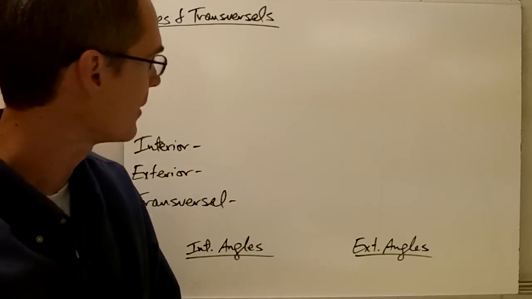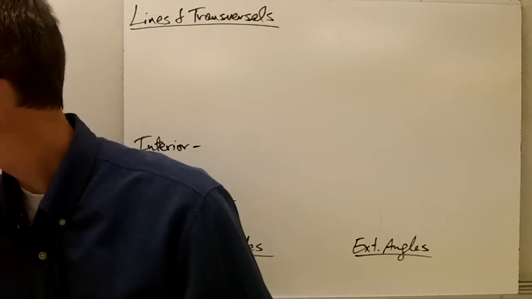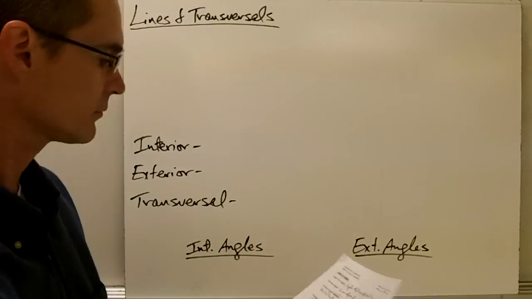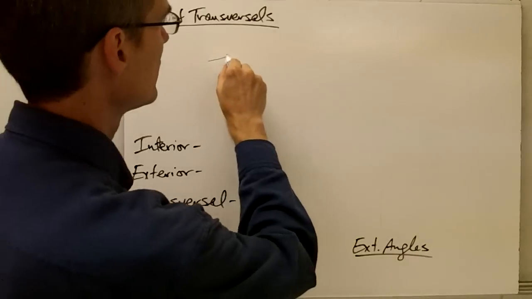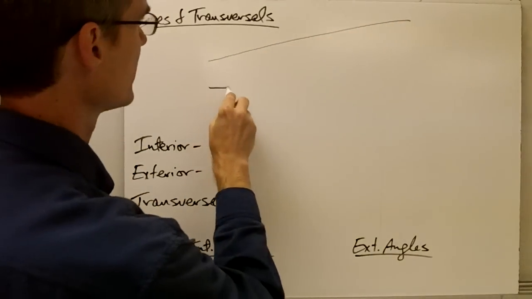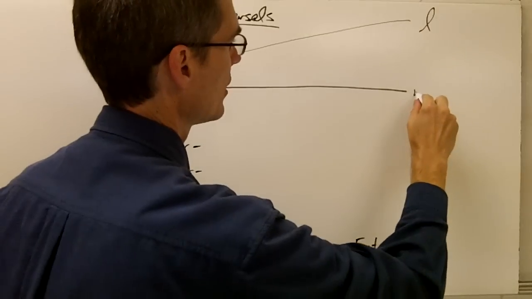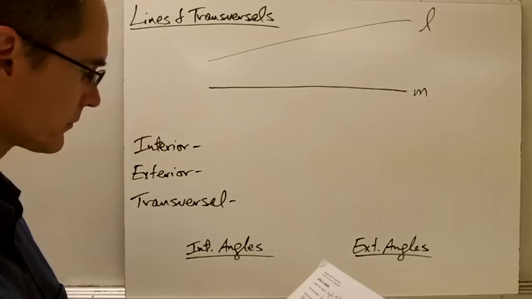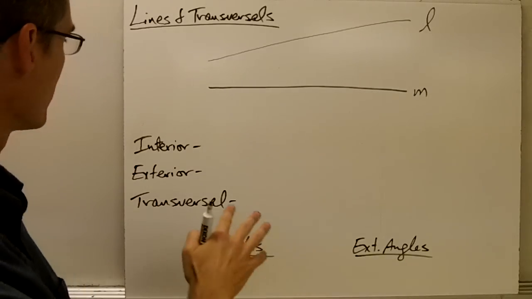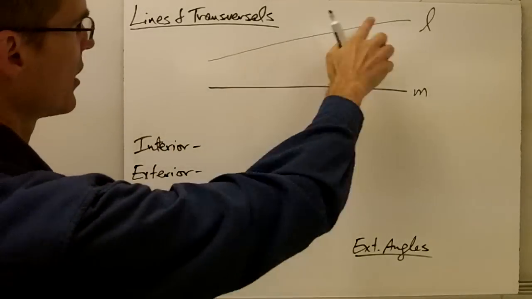Now we're going to talk some about lines and transversals. So let me draw two lines here. Let me call this line L, and I'll call this line M. I want to talk about some areas on this diagram.